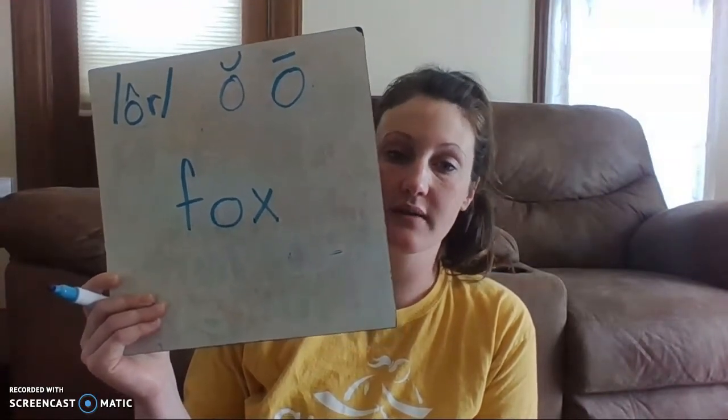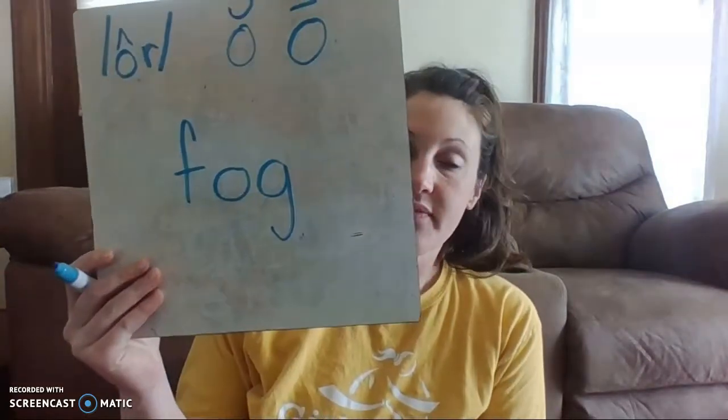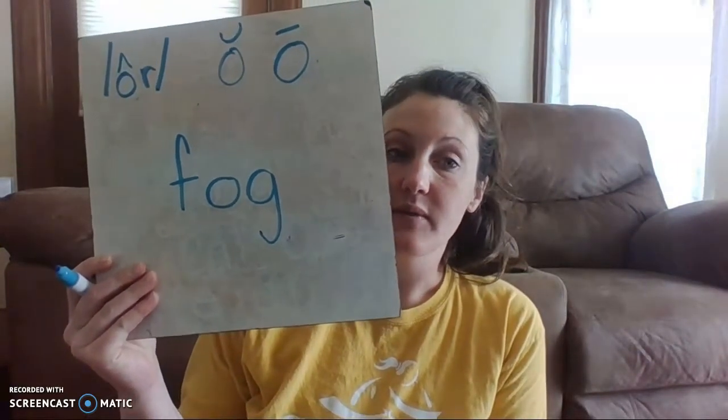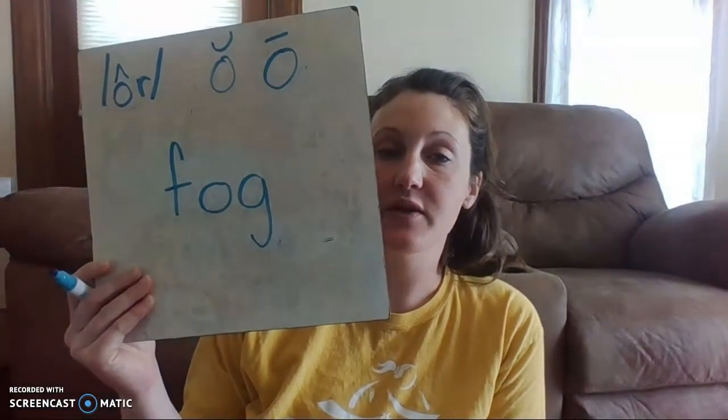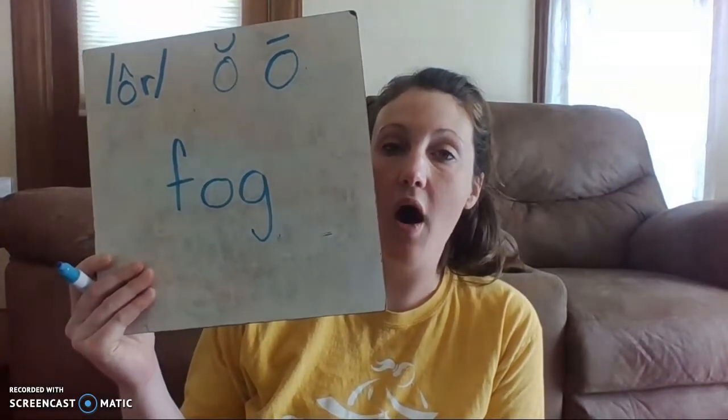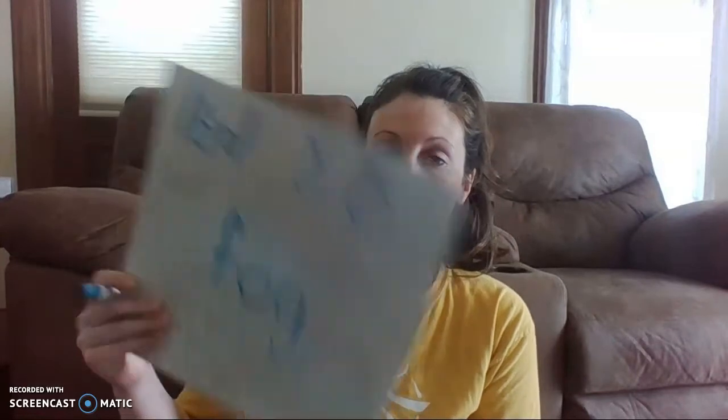So that tells us that this is a closed syllable, and so it's going to say ox, fox. Okay. If I change the last consonant to a G, that's still a closed syllable, so the O is going to make a short sound. Og, fog.